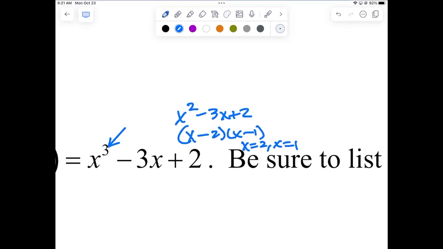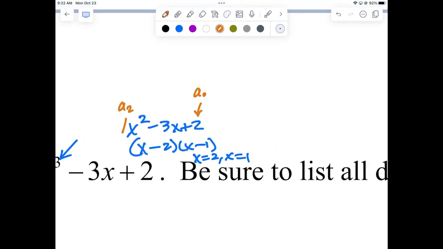They are. So looking at the theorem we just saw above, this is your a sub 2, your leading coefficient, and this is your a sub 0, your constant. It says that any possible rational solution is going to be of the form P over Q, where P is a factor of a sub 0. What are the factors of 2? Plus or minus 1 and plus or minus 2.